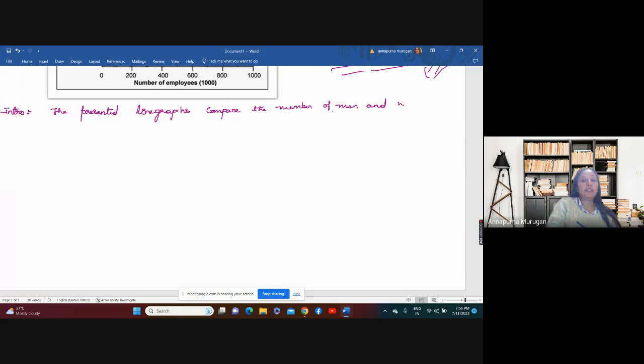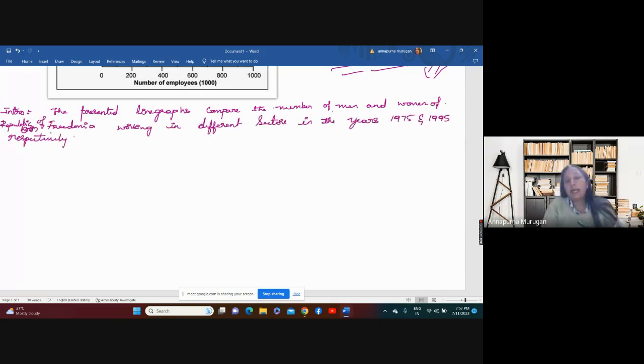Okay, so this is our first statement of introduction. Can you see the clarity in the idea? What the graphs are doing? They are comparing the number. Why am I using compare, not compares? Because this is third person plural. Grammar part I am saying. Third person plural needs a plural verb form.